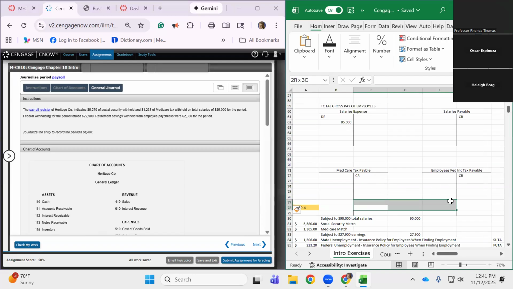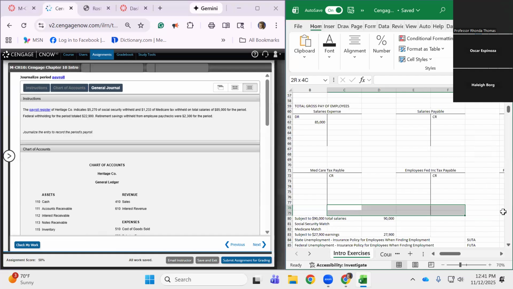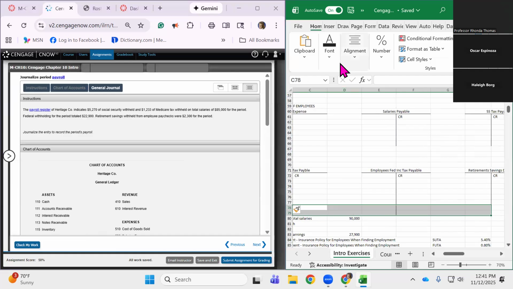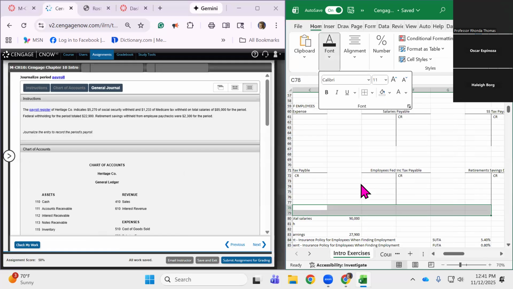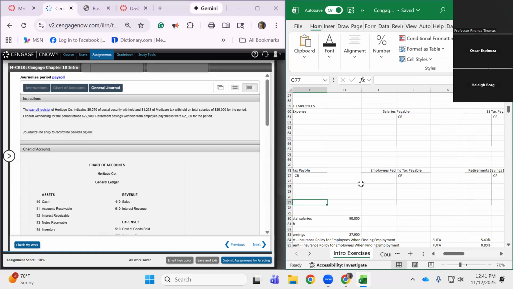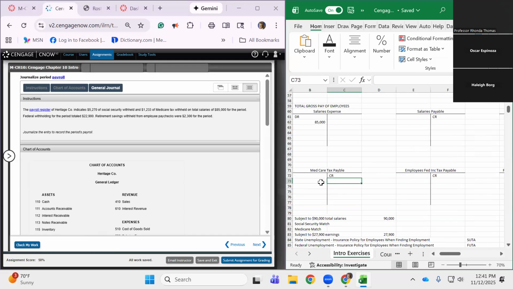Bear with me a second, I'm trying to break this up. All right. So the payable for Medicare is $1,233. And I'm going to change these all to dollars and cents here in just a minute. And the amount we pulled out for federal income tax is $22,900.